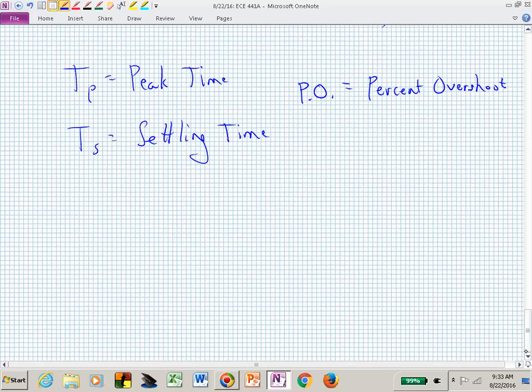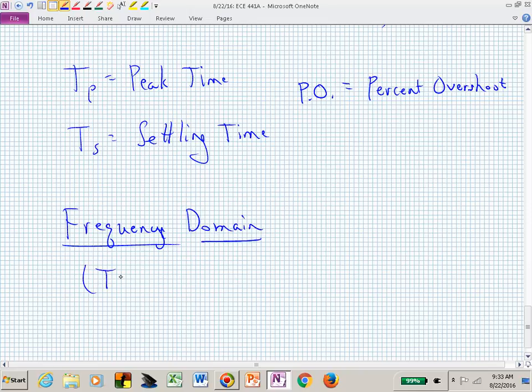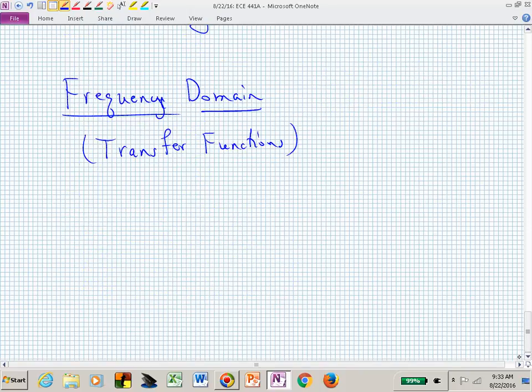In the frequency domain part of our analysis, now we might have transfer functions that we're playing with. From 320, you better be experts at Bode plots.